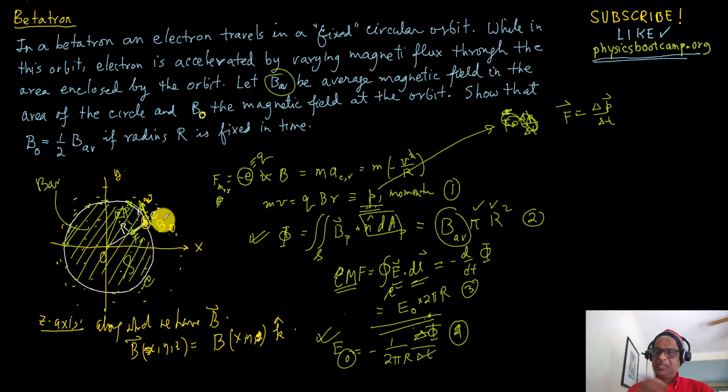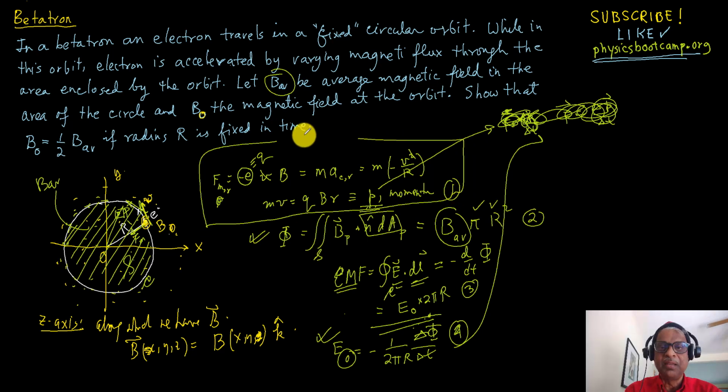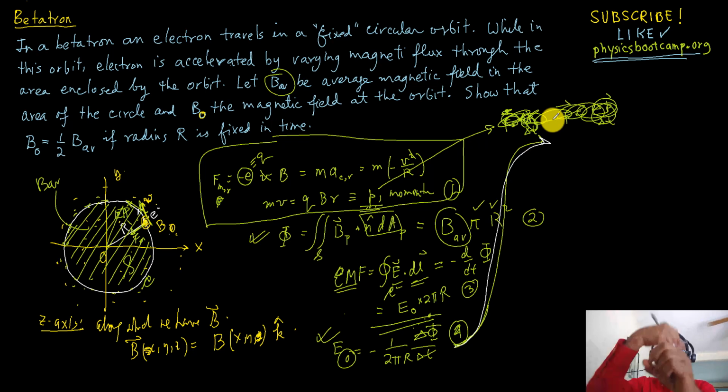So the change in the momentum vector with time should be, as far as this is concerned, there are two different types of forces here, right? This force over here is balancing, keeping it in the circle, and the force associated with this is actually going around the circle.